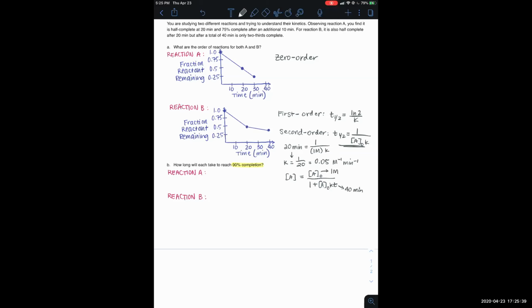And here we can use the K that we determined earlier, which is 0.05 per molar per minute. And so when we do this, we get that the concentration of A that we expect at 40 minutes is 1/3 molar, which is 1/3 of the initial concentration. So this is what we expected if it were a second order reaction. So from this, we can determine that reaction B is second order.